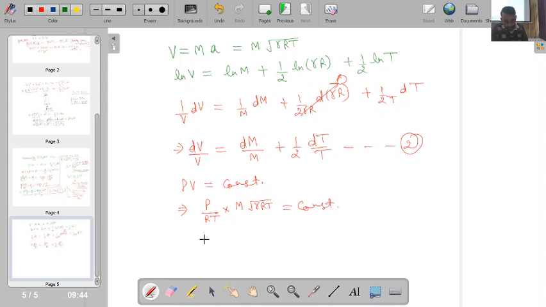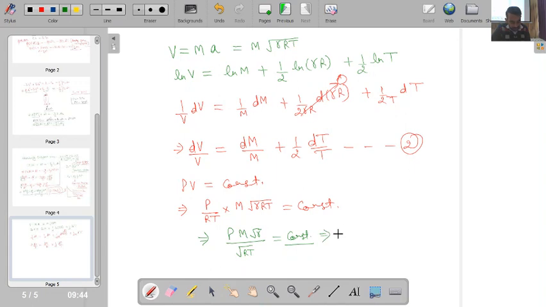So from here I will get P into M, times square root of gamma divided by square root of RT, equal to constant. Now let me take log over here.